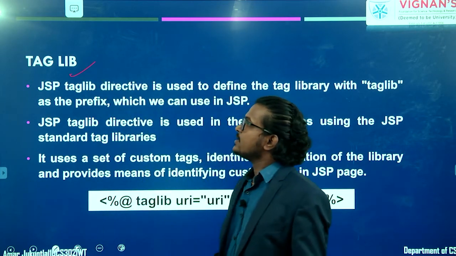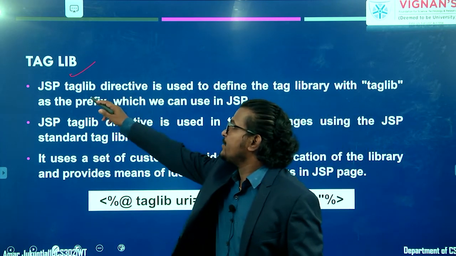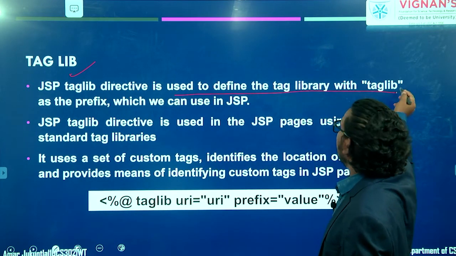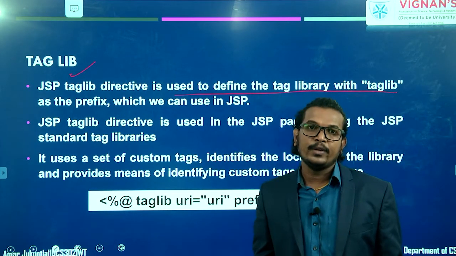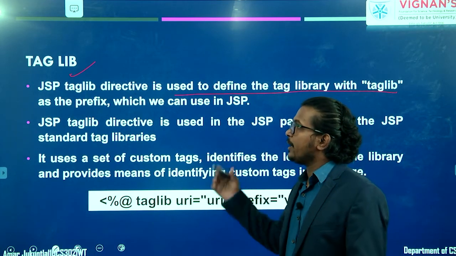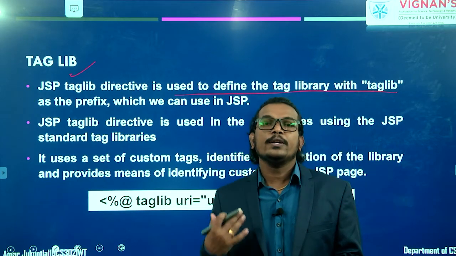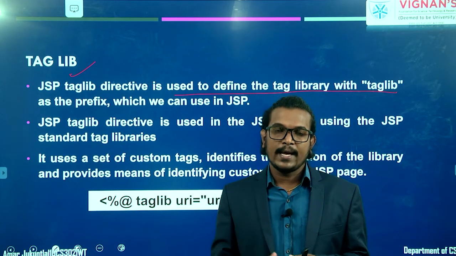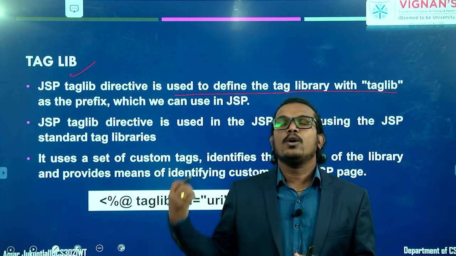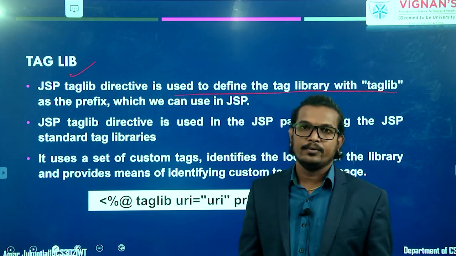Okay, so what is this particular tag library directive? This particular JSP taglib directive is used to define the tag library with the tag name as a prefix. Or we can say that with the help of this tag library directive, we are going to define our own custom tags, and we can call those custom tags with the help of this tag directive.